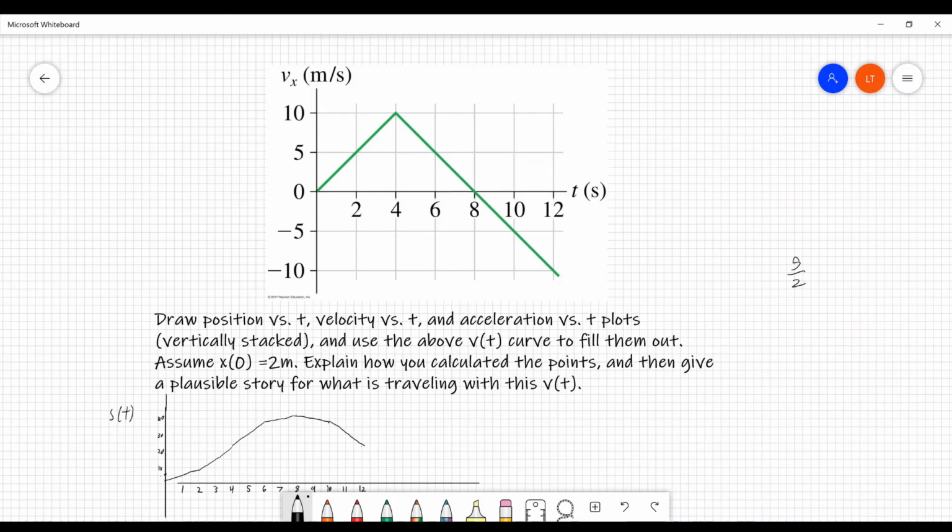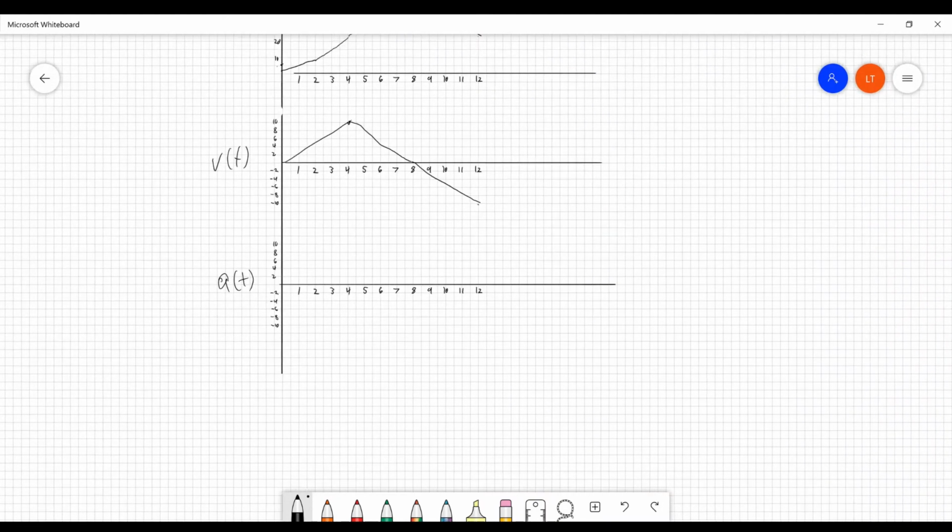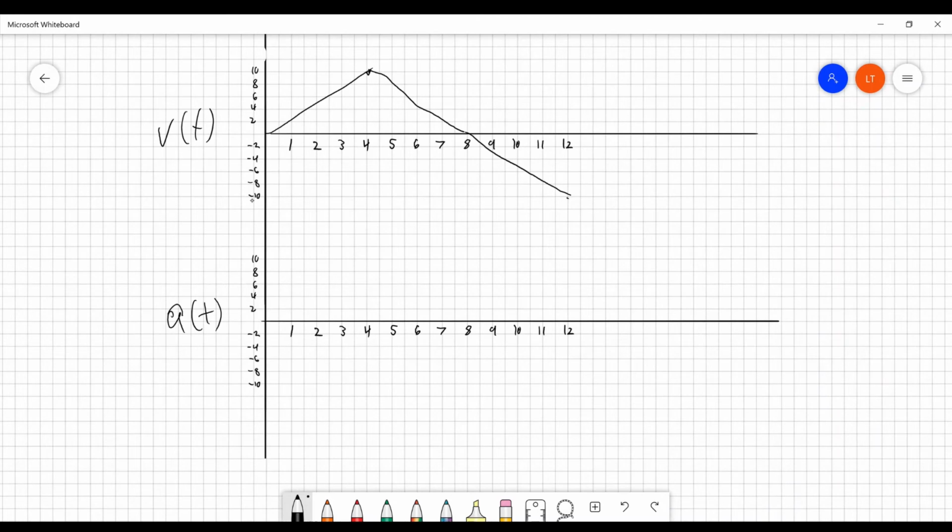So that would be the constant acceleration from t equals 0 to t equals 4. And 5 over 2 is 2.5, all the way over there, just like that.